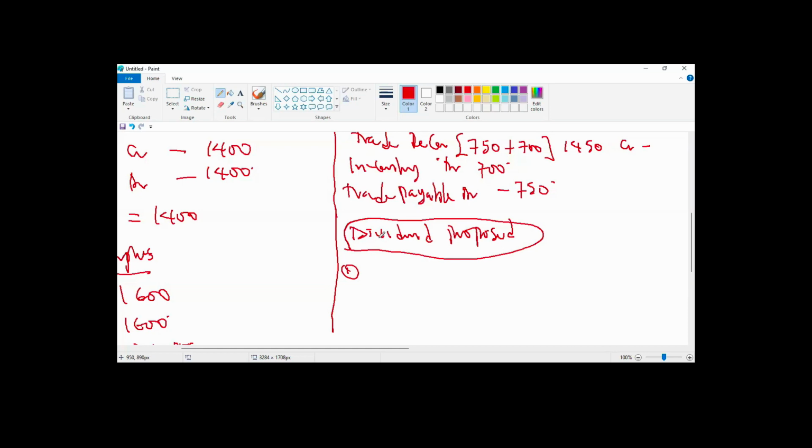What is my own duty in the exam? Very simple. Three ways. Let's start with the first one. First one is proposed dividend.